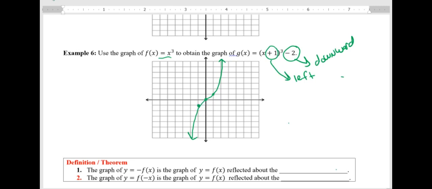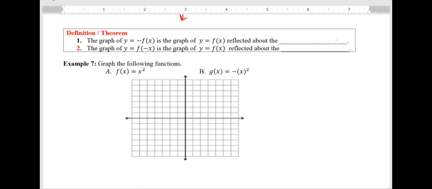I'm going to move down 1, 2, and to the left 1. Let me get a different color. So down 2 to the left 1. Down 2 to the left 1. And down 2 to the left 1. So my graph will look something like this. Okay, so the red one is g of x.